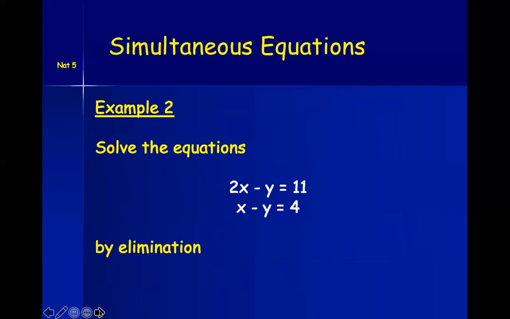Okay. So that was the first example. Now try this example here. You need to decide what you're going to eliminate first. So remember earlier on we had x at the top and x at the bottom, and we decided to eliminate x because they were the same value.